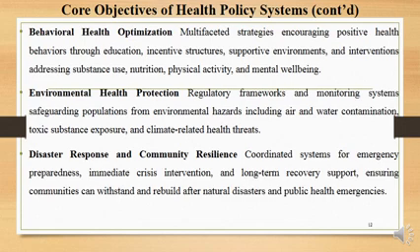Environmental health protection: regulatory frameworks and monitoring systems safeguarding populations from environmental hazards including air and water contamination, toxic substance exposure and climate-related health threats. Disaster response and community resilience: coordinated systems for emergency preparedness, immediate crisis intervention and long-term recovery support, ensuring communities can withstand and rebuild after natural disasters and public health emergencies.